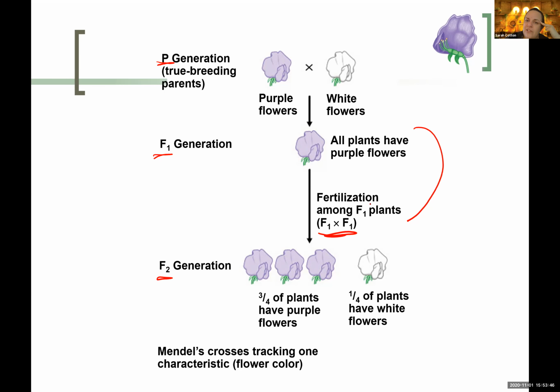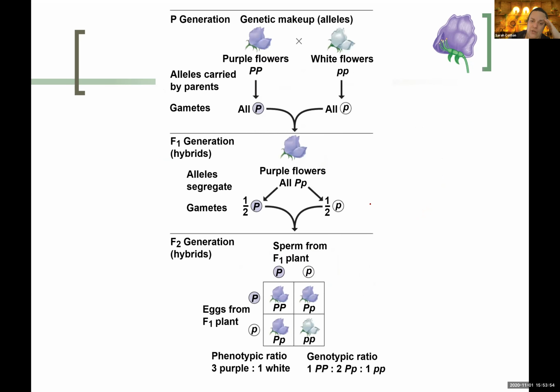Right. And so eventually he saw these patterns enough that he developed some symbols and some terminology to track all of this. Okay. So this is that same exact story, but now we're adding symbols to it. Okay. All right. So Mendel's first law, by the way, is called the law of segregation.